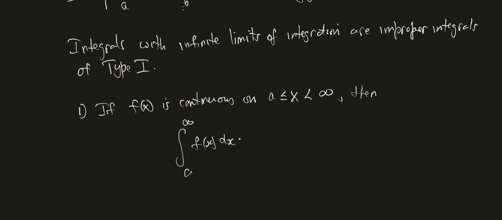Well, we're going to use a limit to evaluate this. So what we do is we first put a placeholder where the infinity is, and we use b because b is typically the symbol that we use for our upper limit. So we put a b there, and then we're going to evaluate this the way we normally do. We're going to find an antiderivative.